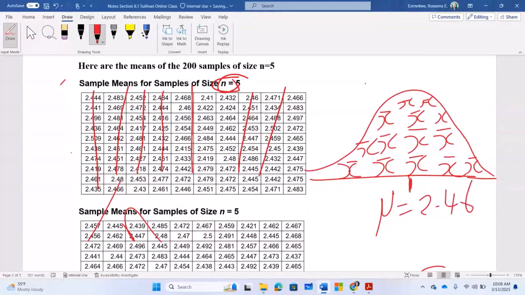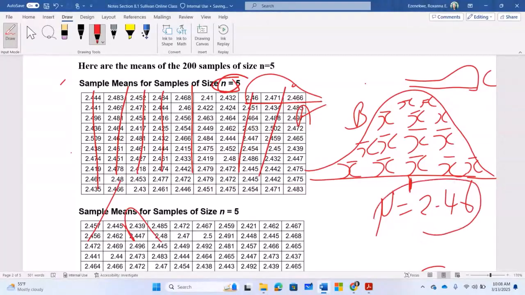Because the central limit theorem says it does not matter if the original data is skewed. The original data here might actually be skewed right, or even skewed left. If I collect 200 samples from this skewed right distribution and draw a density curve of it, I will get the same mean as the mean of the original data.